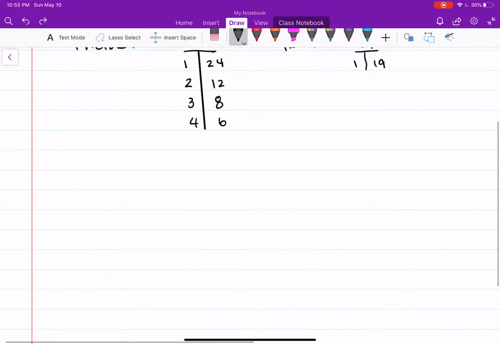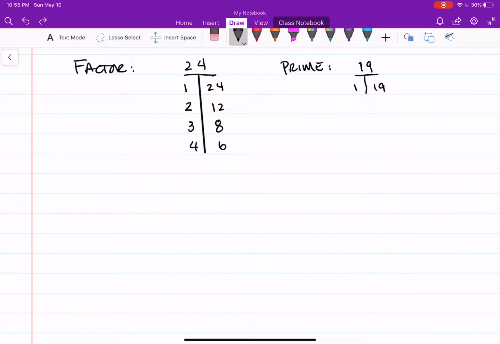Okay? So the other thing is I'm going to ask you to break things down to primes. And you've heard this before. This is where in school you did factor trees.